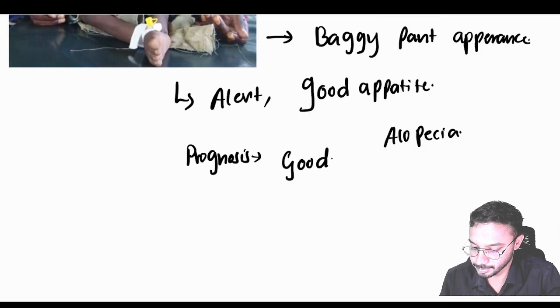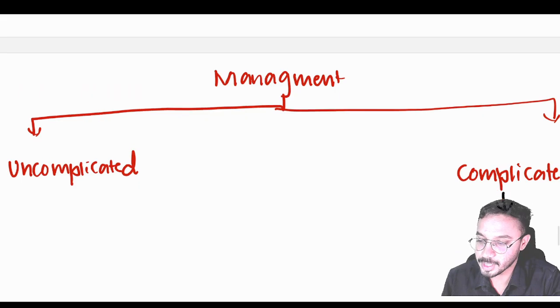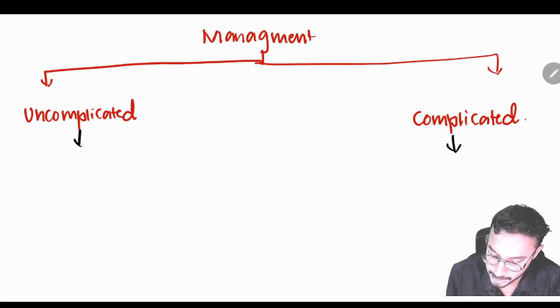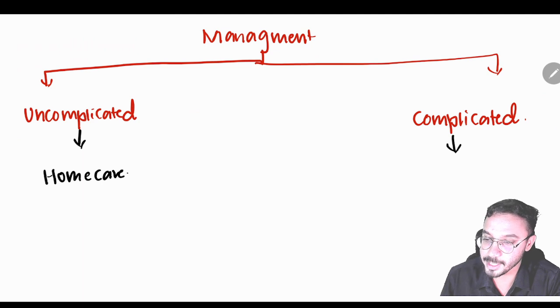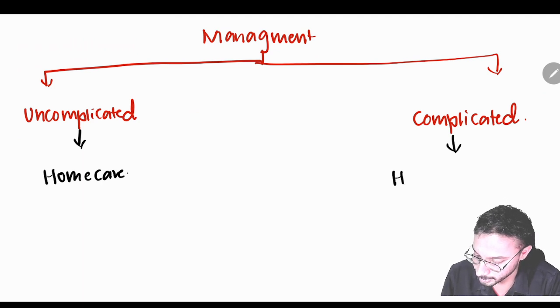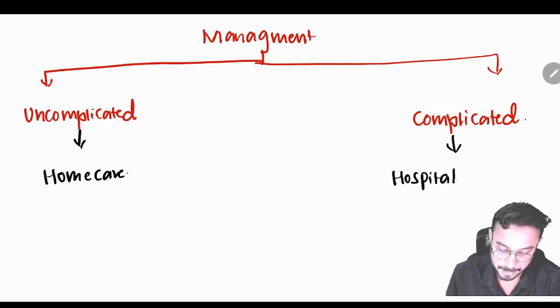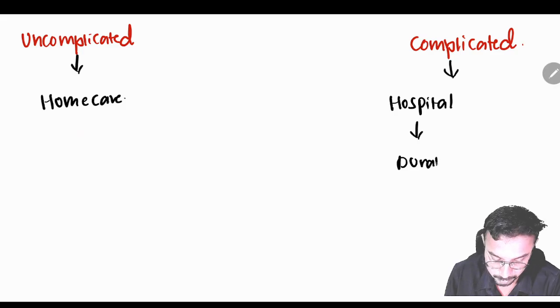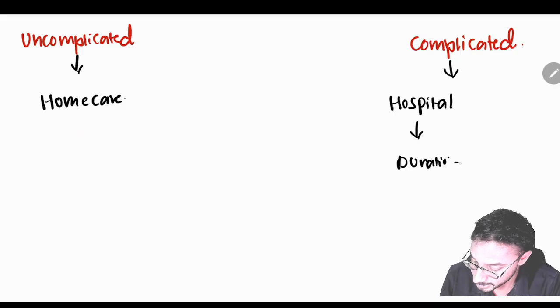And management. If you come to the management in uncomplicated SAM, how do you manage? Through home care. In complicated, you are going to admit the child, that is hospital admission, for 6 weeks.